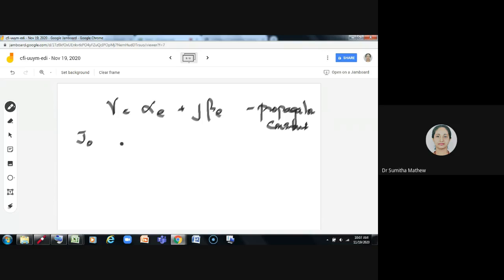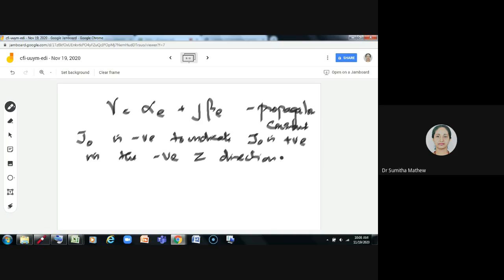J0 is the current density. J0 is positive in the negative z direction. So, if we take the negative z direction, then J0 is taken as negative.